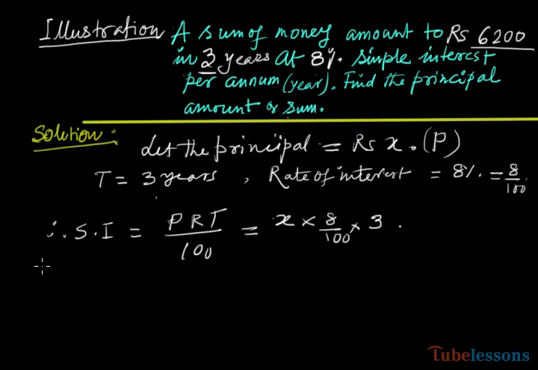Now, as per the question, it is given that the amount is equal to rupees 6,200, and this is equal to principal plus interest.